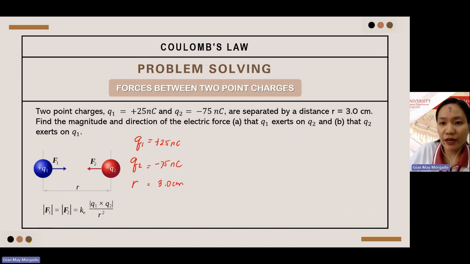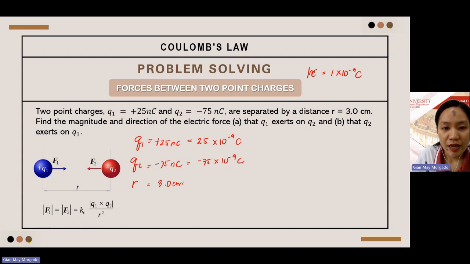To convert, we have the conversion factor again: 1 nanocoulomb is 1 times 10 raised to negative 9. So simply, the given Q1 would be 25 times 10 raised to negative 9 coulombs, and Q2 is negative 75 times 10 raised to negative 9 coulombs. And R, centimeters to meters, would be 0.03 meters.